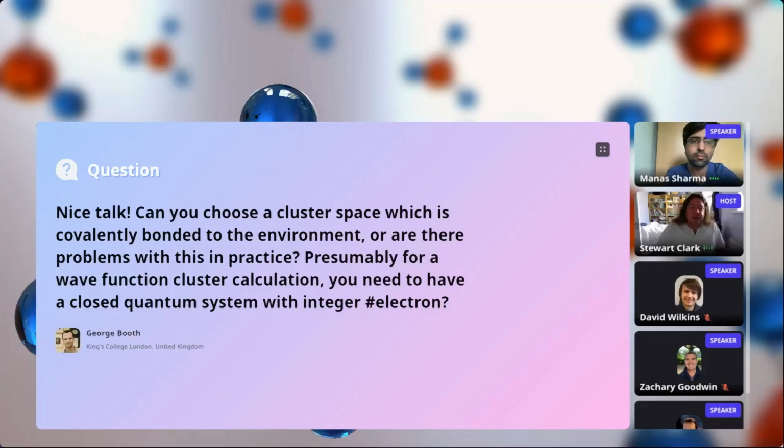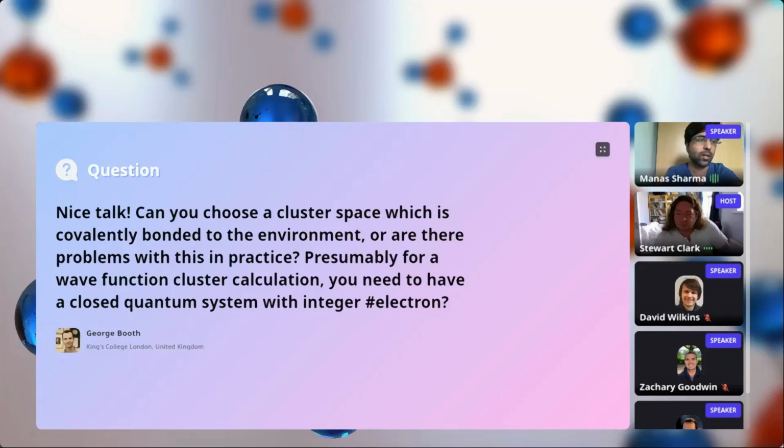Can you choose a cluster space which is covalently bonded to the environment, or are there problems with this in practice? Presumably, for a wave function cluster calculation, you need a closed quantum system with integer electron number. Yeah, the trick, for example with method 3, is that we can actually do it.